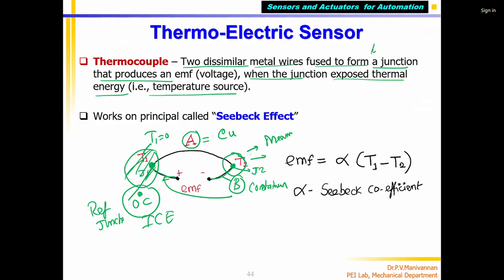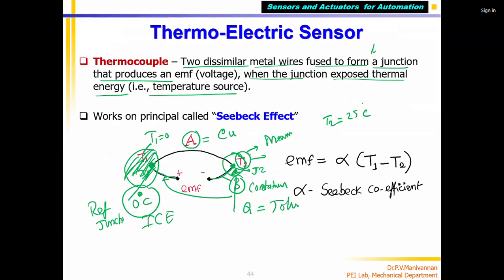What will happen? From that material, heat energy Q, so many joules, millijoules, microjoules, will be transmitted through conduction to the junction. As this happens, the temperature of this junction increases. Initially T2 was at room temperature, say 25 degrees in my room.